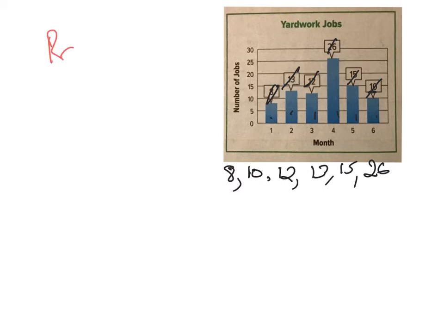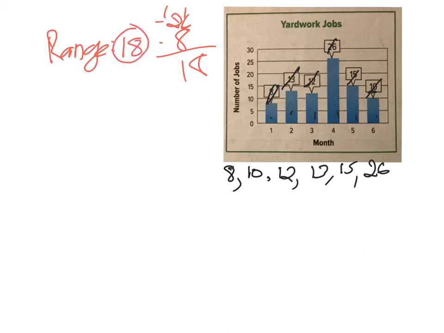Okay. So let's do the range first. The way you get the range is you take the highest and subtract the lowest. 26 minus 8. And when I do that, I get 18. So my range is 18. Now, let's try mean, which is the average.